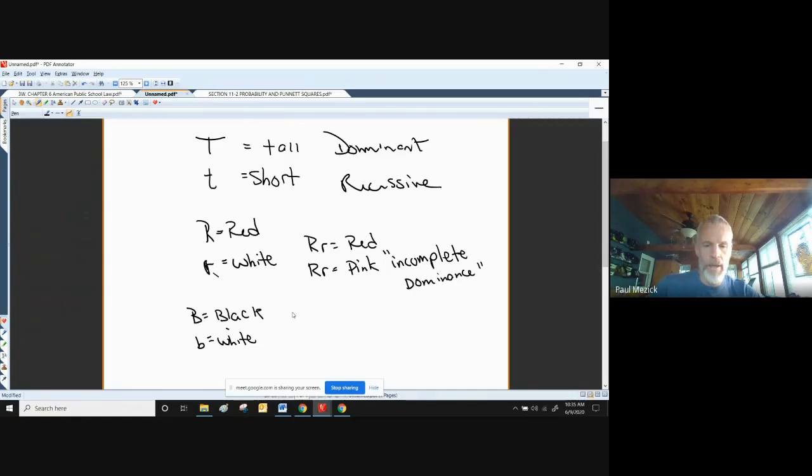If you had capital B, lowercase b, obviously that would normally be black. But in this instance, and you'd have to be told, you could be polka dotted. So like a Dalmatian. And this is called codominance.